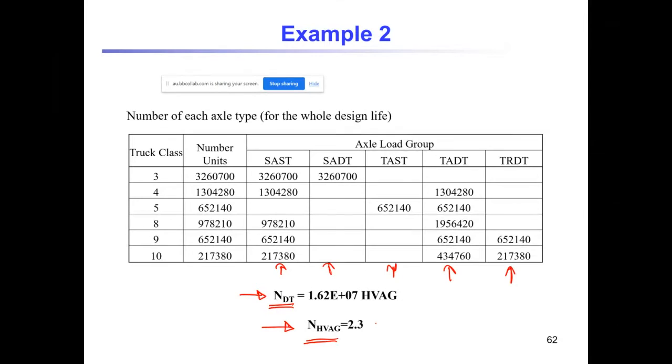So you can simply calculate this based on NDT divided by the number of the heavy vehicles. This is the number of the heavy vehicles. And the number of the axle groups per heavy vehicle becomes 2.3.